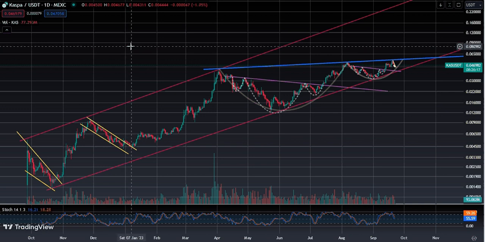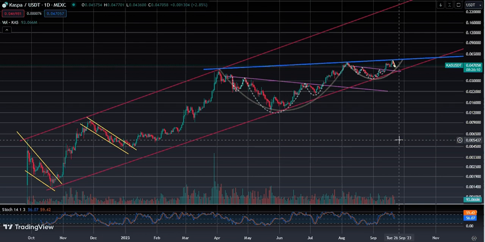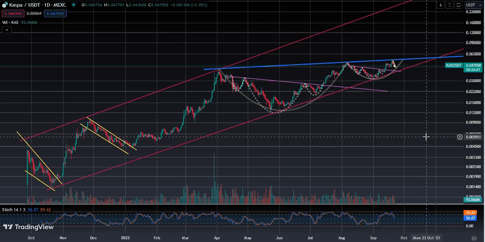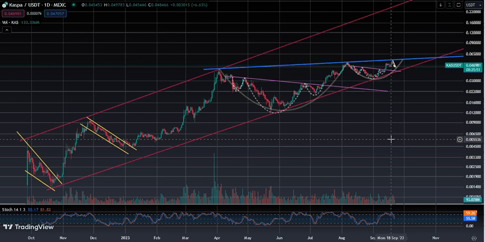We are looking at the chart of Kaspa. We are using the MEXC data here on TradingView. I am looking at this on a logarithmic chart. The reason for a logarithmic chart is because anytime you have an investment vehicle or a chart where human emotions are involved with buying and selling, I think you do well to use a logarithmic chart.